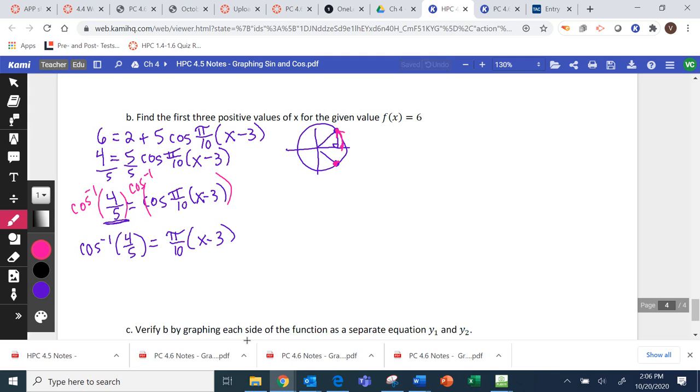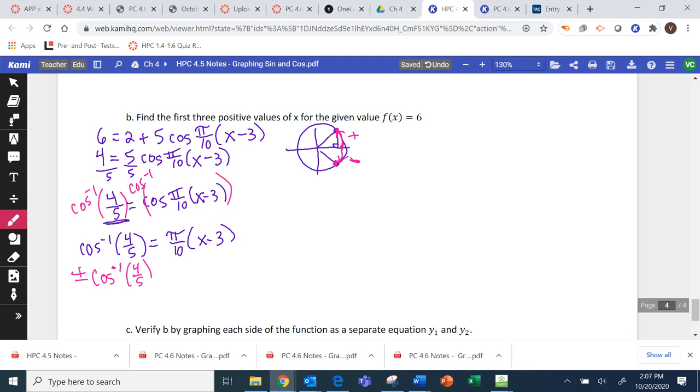But before I get there, I want to show you something right here. If I add whatever that angle is, I'll go up. If I subtract that angle, I'll go down. So instead of worrying about 360s and pi and 180s and all that stuff, if I just add or subtract, I'm going to get both of those answers. So what I'm going to write over here is just plus or minus cosine inverse 4/5. So that's going to give me 2 answers. But I need infinite of those 2 answers.